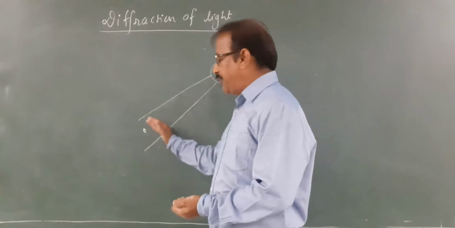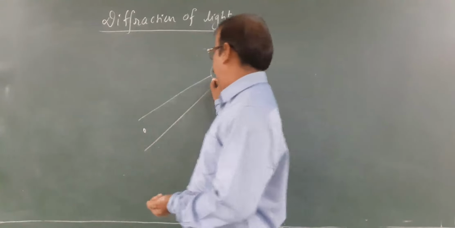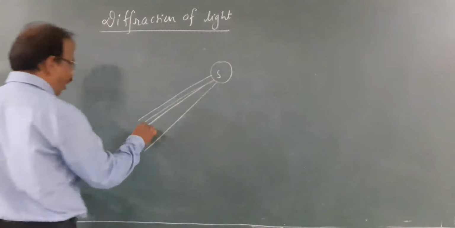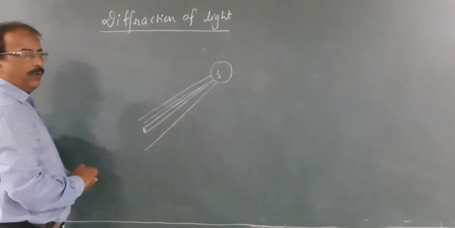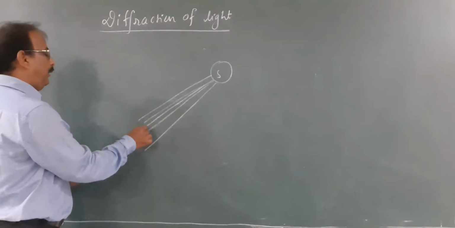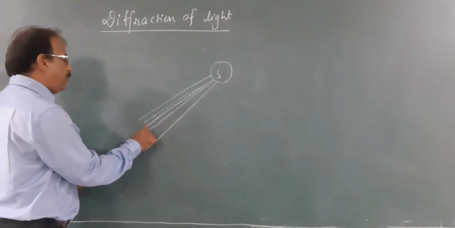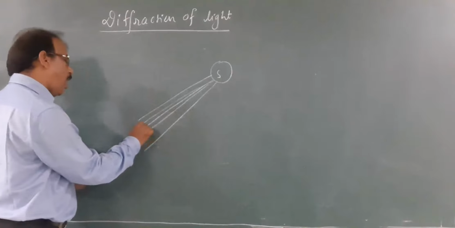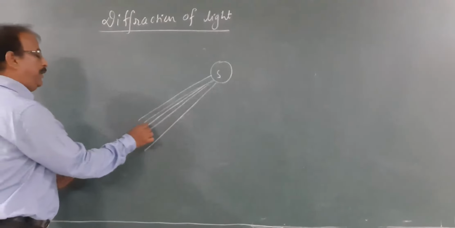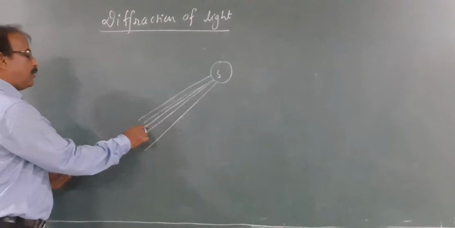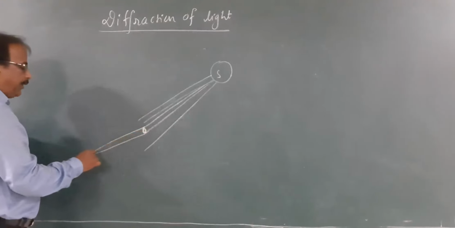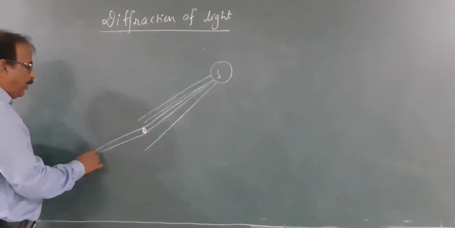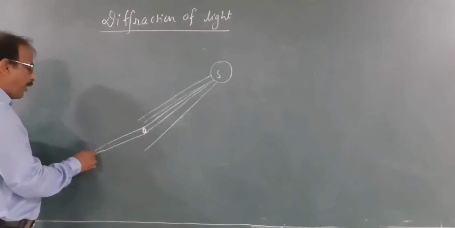When light falls on such an obstacle, we observe that there is a bending of the light waves from the corners of the obstacle, and after bending, these light waves enter the region of its shadow.